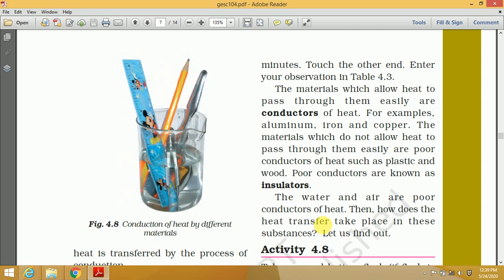Conduction of heat does not take place, but even then we know that air also gets heated up, water also gets heated up. So what are the other processes by which the transfer of heat can take place in water and in air? So now let us see the other modes of transfer of heat.